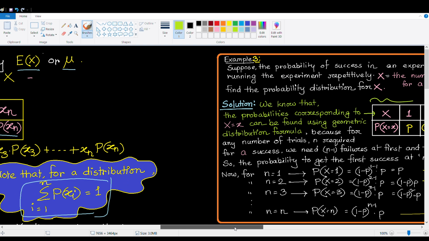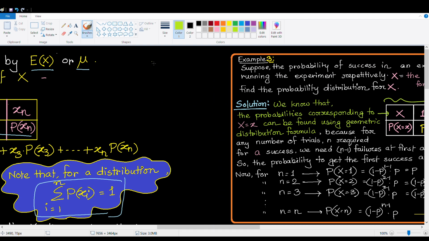Suppose you are rolling a die and you know that the probability of getting a 6 is 1 by 6. So p of 6 is 1 by 6, where p of 6 means the probability of rolling a 6. This 1 by 6 fraction can be explained in a different way like this. If you do the experiment 6 times, you can expect one 6 out of it.